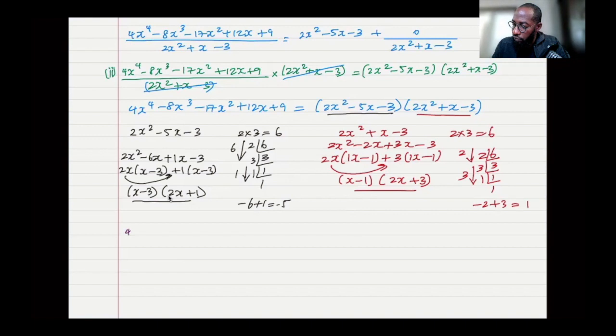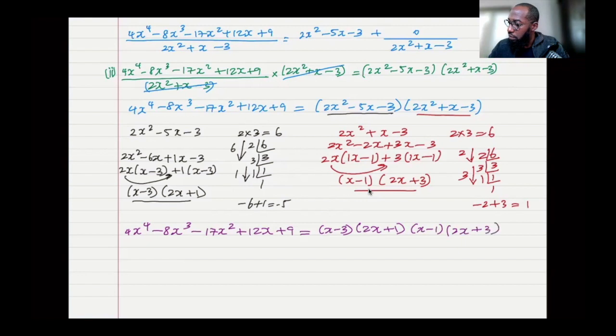So I have 4x to the power 4, and that is equal to this here, so I'm putting x minus 3, 2x plus 1, and this here is equal to this. So I'm putting x minus 1, 2x plus 3. Let me write this a little better than that.